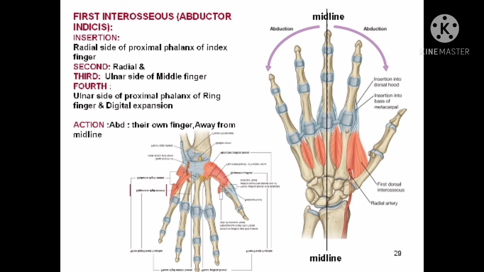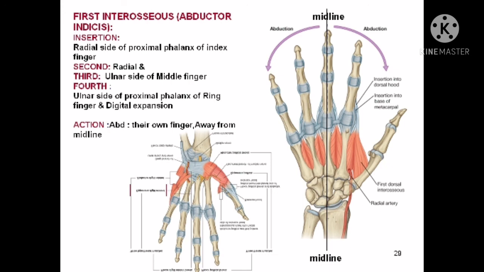That is why the middle finger does not move to the radial side or the other side, so it is taken as the standard regarding the movement of the fingers. The fourth dorsal interosseous attaches on the ulnar side of the proximal phalanx of the ring finger and the dorsal digital expansion.